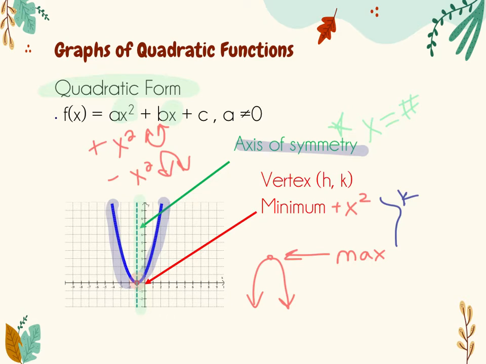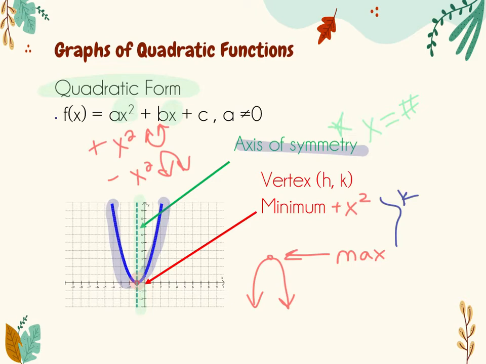So if I ask you for an axis of symmetry, which I'll teach you how to do, your answer has to be an equation. It has to be x equals a number, not just the number. Because an axis is not a point, it's a line. Yeah, all of these are functions, so functions can't turn sideways because then it would fail your vertical line test. So they're always going to be facing up or facing down. It's always going to be a vertical line. It's always going to be an x equals.